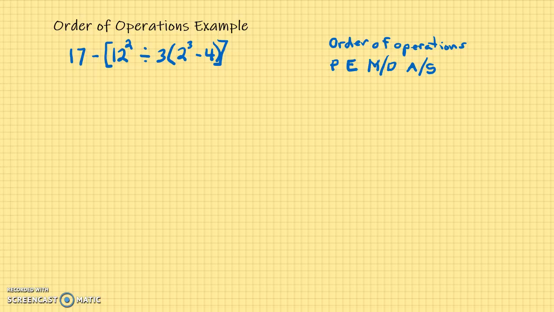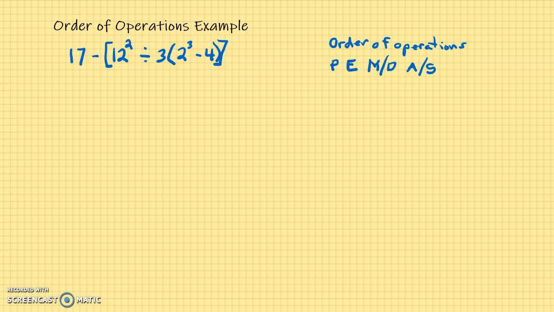That's inside parentheses, so it's nested within these larger parentheses. So we have to do the nested parentheses first. Now, we have operations going on within that because we have 2 to the third and then we have minus 4. When I look at the order of operations, I'm going to simplify 2 to the third first, which is right here, E for exponents. And then adding and subtracting comes after that.